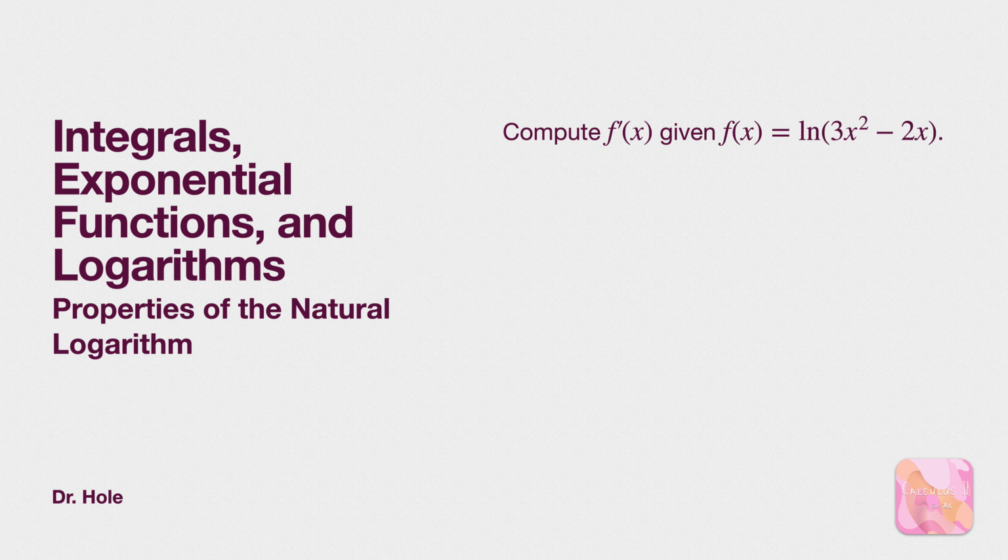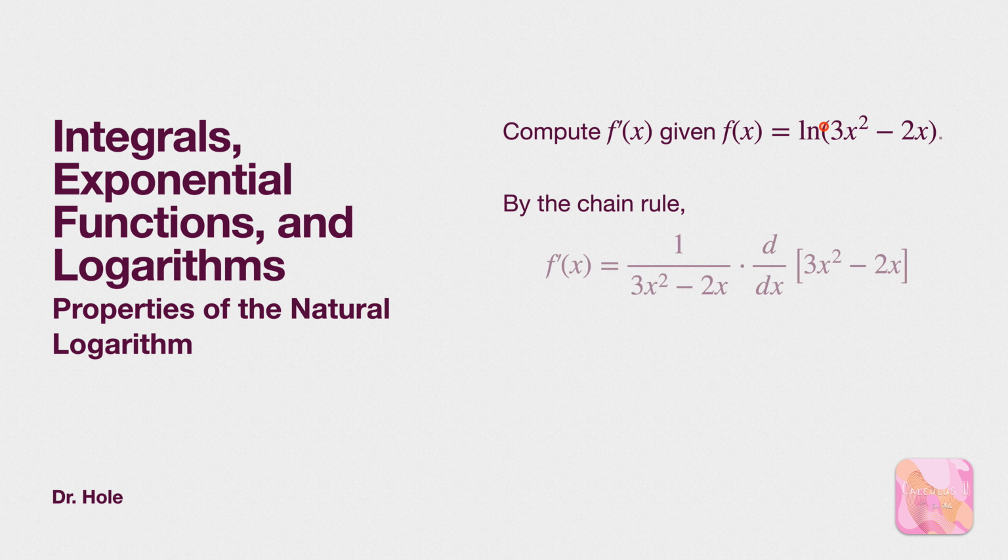Here we're taking our function f to be given as a composition. The outer function is the function that we just defined, but then it's a composition with some inner function. We need to use the chain rule. So taking a derivative of this function, the outer function is the natural log.